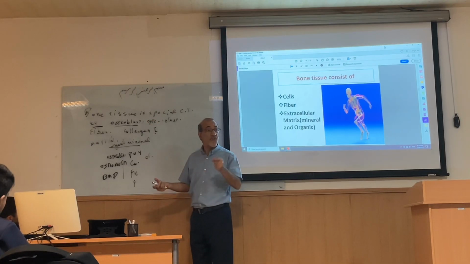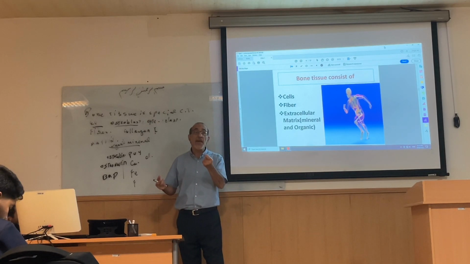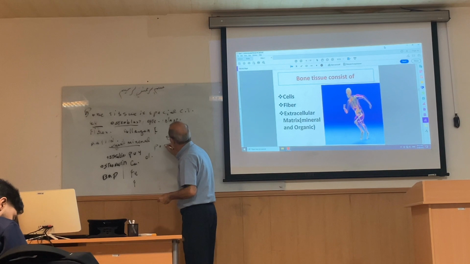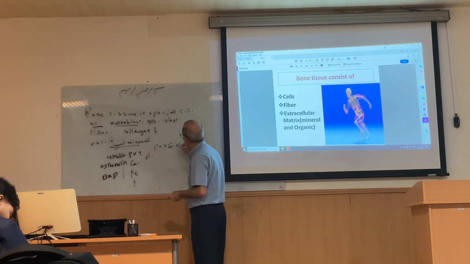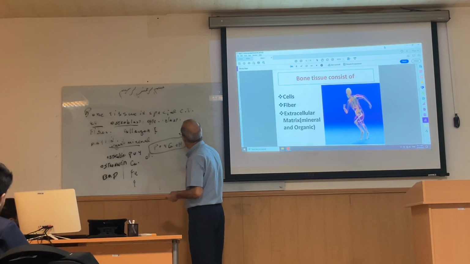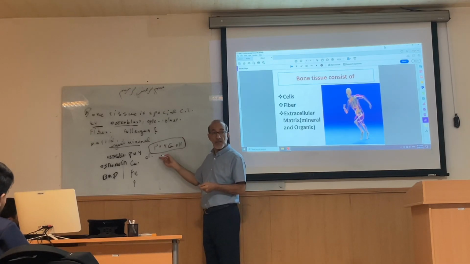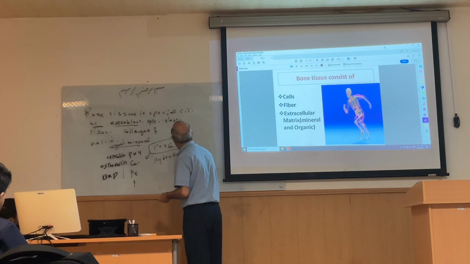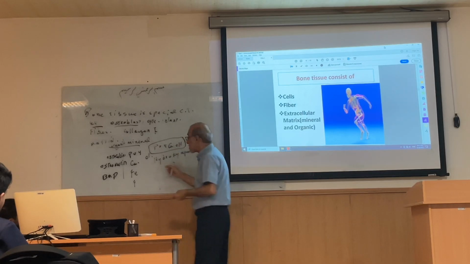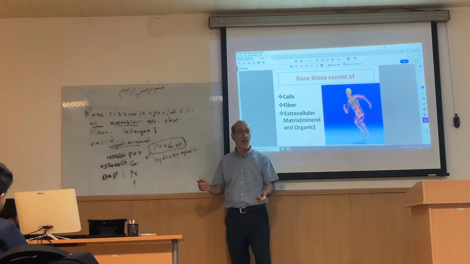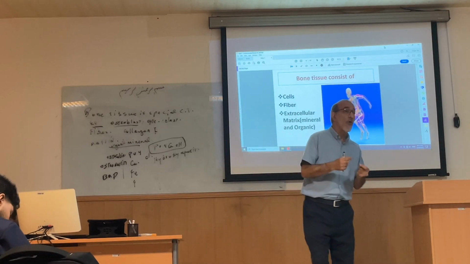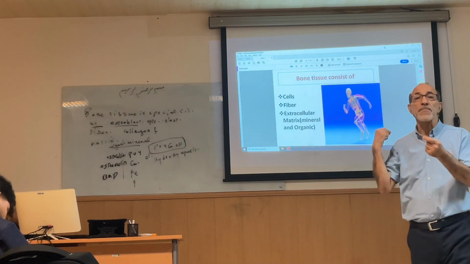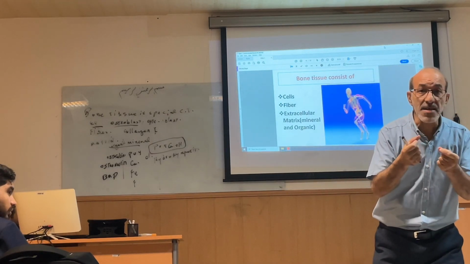This mineral is formed into a crystal. What is the name of this crystal? Hydroxyapatite. It is formed into crystal, into rods.